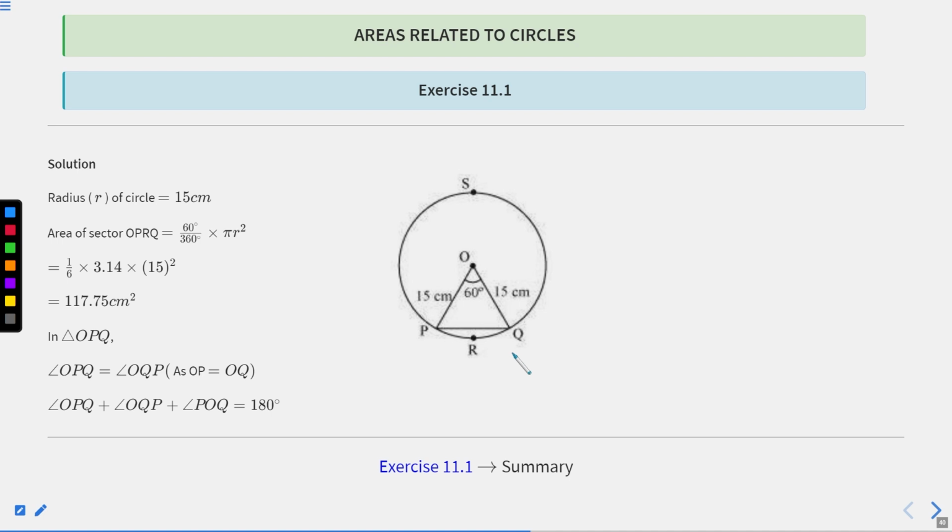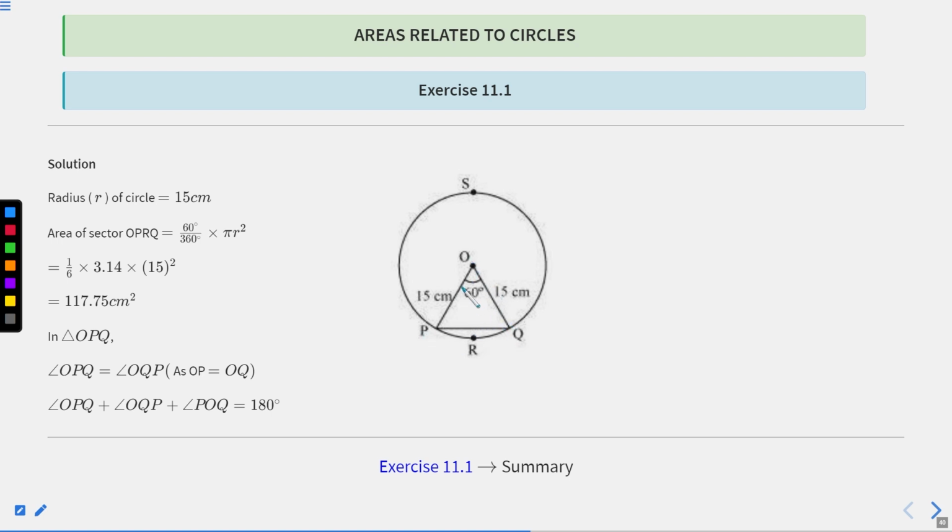Now come to this triangle OPQ. In this triangle, angle OPQ is equal to angle OQP.